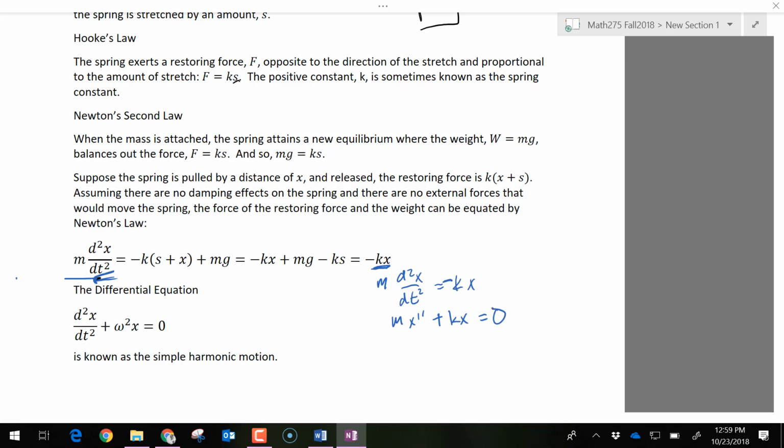And if you divide both sides by m, you're going to get x double prime plus k over m x is equal to 0 over m, which is still 0. So omega squared is what? Oh, omega squared, yeah, k over m. But then omega itself is the square root of that. Yeah, you guys are right.